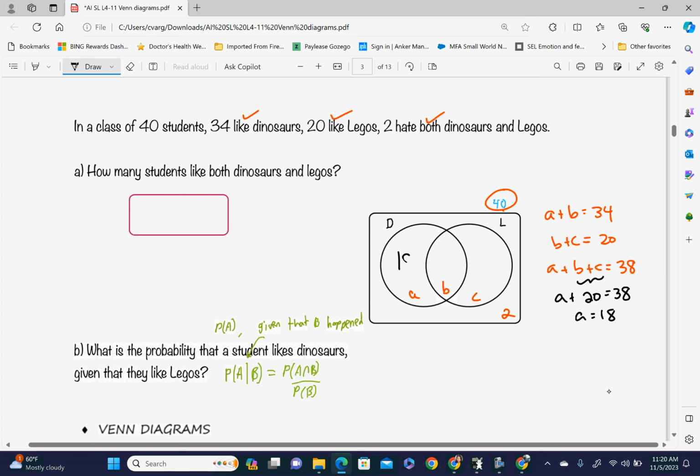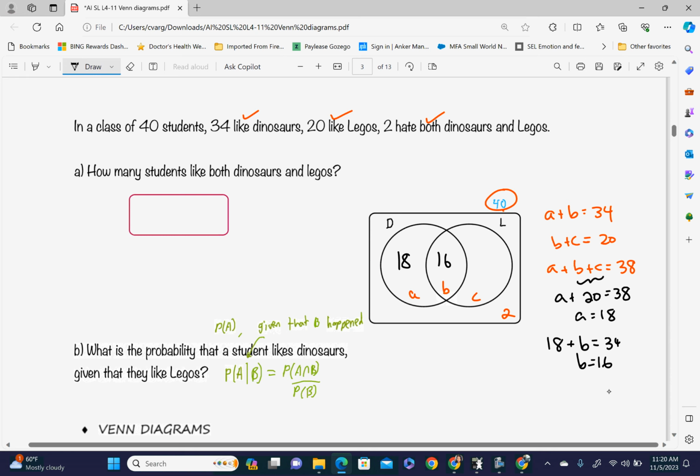That's helpful. It's like a puzzle. You're a detective. Now we can figure out B. A plus B equals 34, so this must be 16 because 18 plus 16 is 34. Let me be specific: 18, which is A, plus B equals 34, and B is equal to 16.